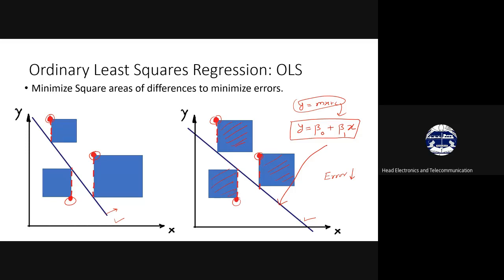Okay, so now my target is to find beta 0 and beta 1 such that the error is minimum. So this has to happen automatically. I'm not going to adjust things by visualizing all the areas like this.